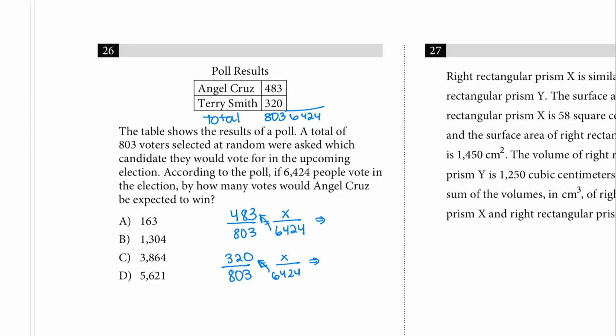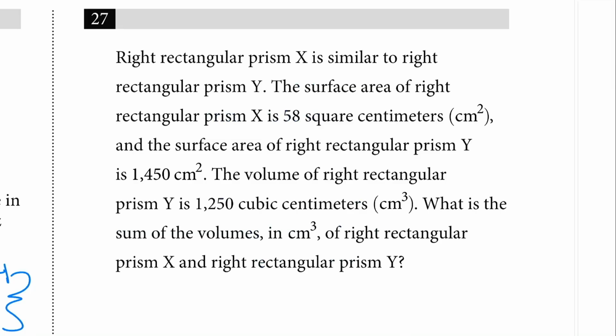So Angel Cruz for 6424 people would have 3,864 votes. That means that Terry Smith for 6424 people would have 2560 votes. Now it's asking by how many votes would he win? So if we go ahead and subtract these two numbers here, we're going to get 1304. The answer is B.